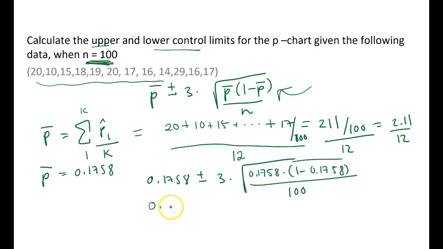Altogether this gives me 0.1758 plus or minus 0.1142. That's what these come out to be, and I get a lower control limit equal to 0.0616 for the proportions, and an upper control limit equal to 0.2900. And this is how we can calculate the lower and upper control limits for a p-chart.